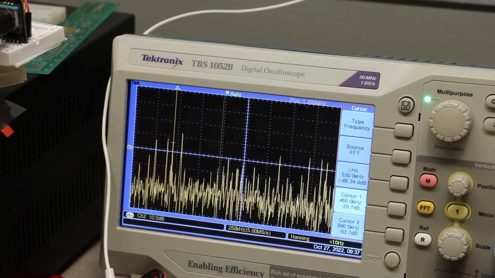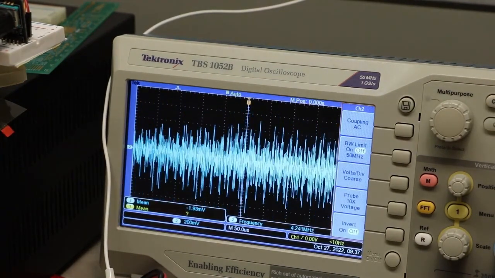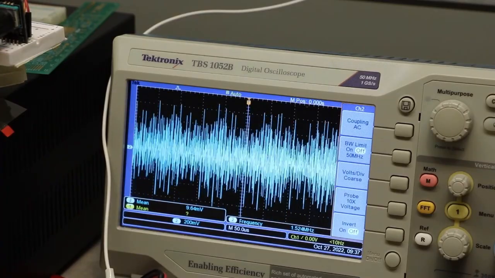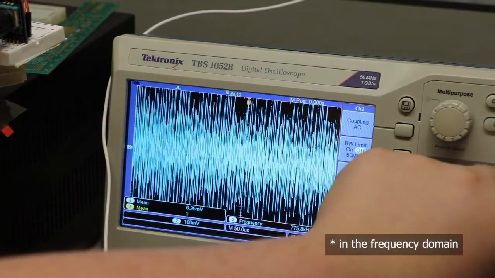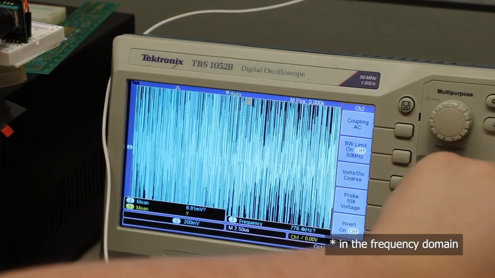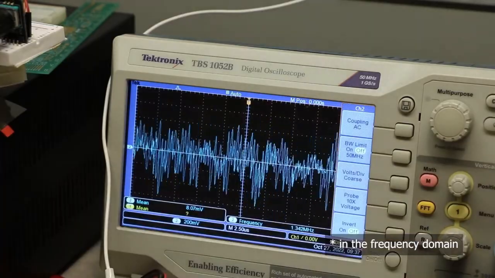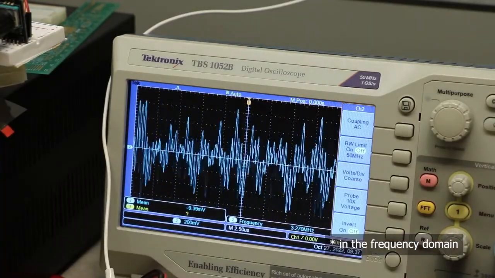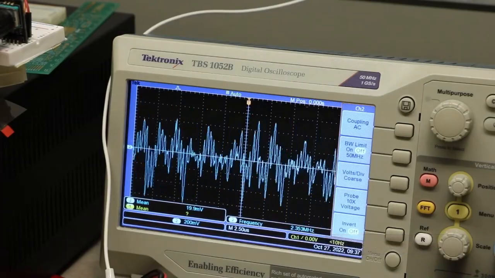Let me show you. This is the output of the balanced modulator. You know that this is the sum and difference of a message signal and the carrier signal. The message signal here is the modulated wave we have, and the carrier signal is from the local oscillator.